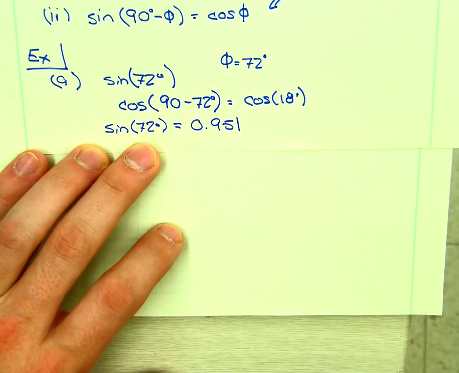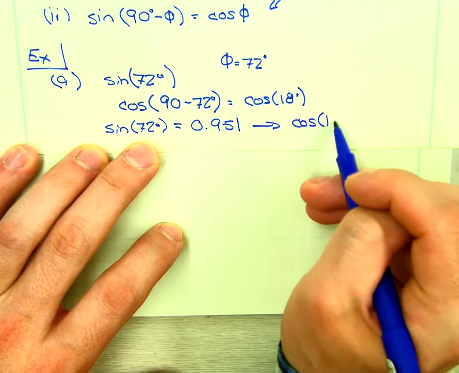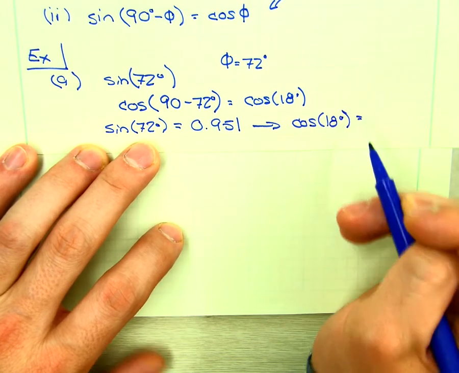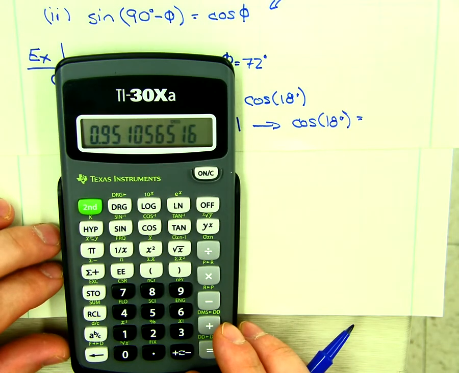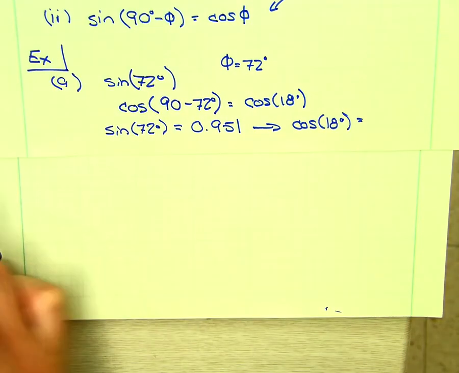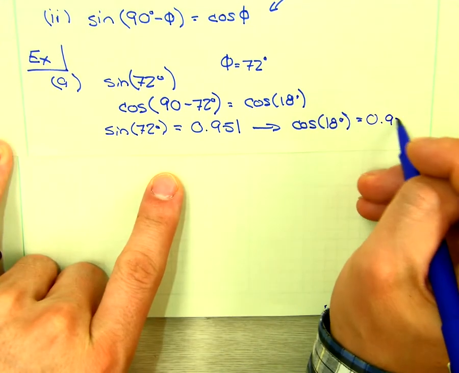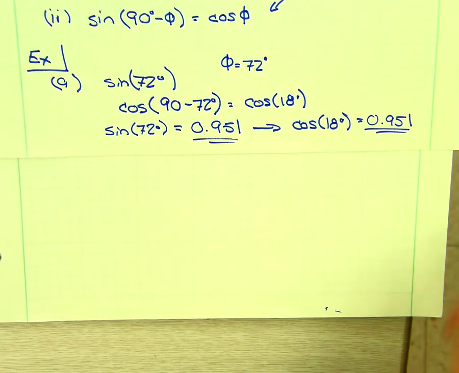Make sure your calculator's in degrees. Now, if I did the cosine of 18 degrees, plug that into my calculator, I end up with the exact same answer. Hopefully you guys can see that. Let me turn the light on. You end up with 0.951. Fantastic. These are 100% equal. It means that they're co-functions. Okay, let's go on with another example and finish it out.